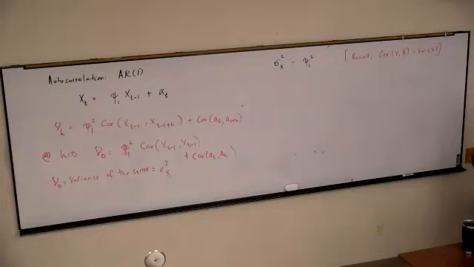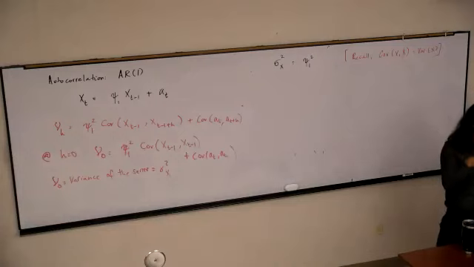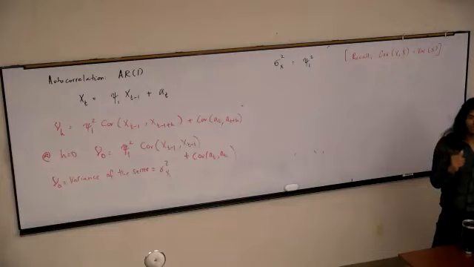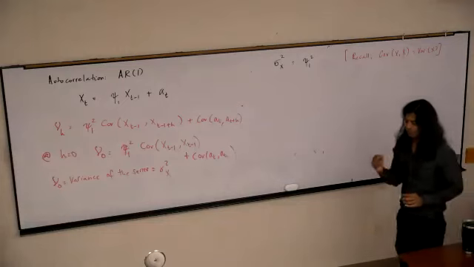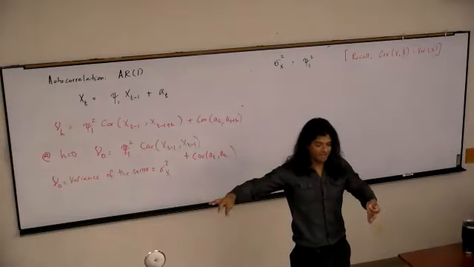Since x's are random variables, do you believe the variance of xt would be any different from the variance of xt minus 1? No. You've got a bunch of observations that you measure in the series.